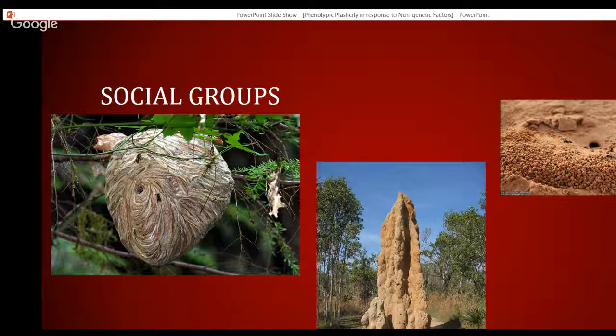Over here on the left side, we have a paper wasp colony. A group of individuals as a collective is called a colony. So all the members of the colony of all castes will live in this one structure. In the middle is a termite mound where their colony exists, and on the right is an ant mound, or also called a nest.